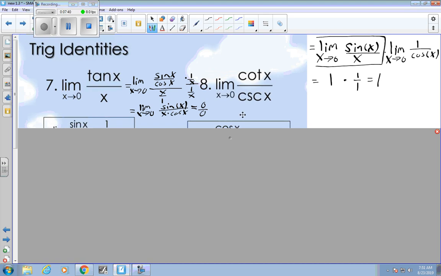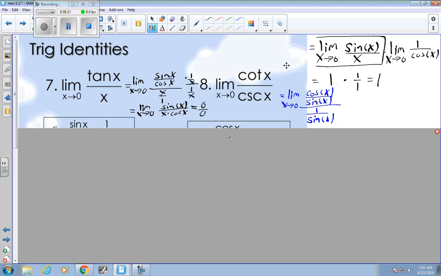And then for the second one, how can I rewrite cotangent of x, and how can I rewrite cosecant of x? Yes, that's right. So the second one, cotangent of x is equal to cosine of x over sine of x, all over cosecant, which is the reciprocal of sine x.